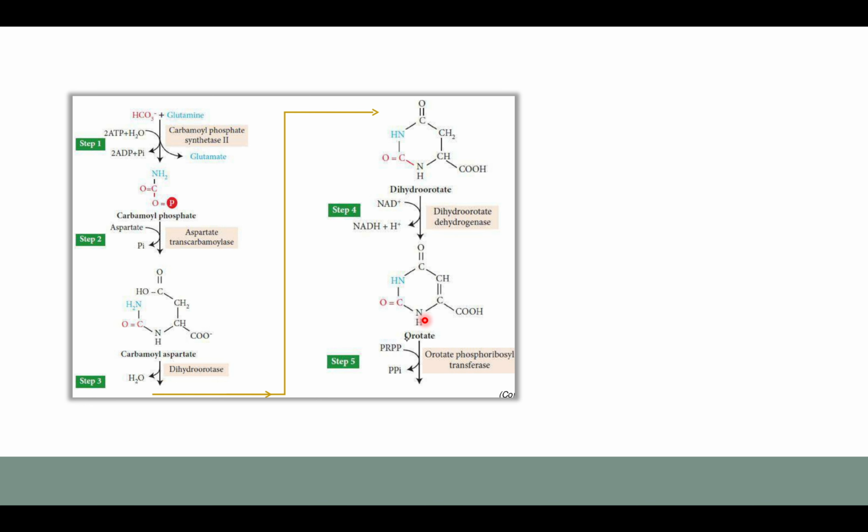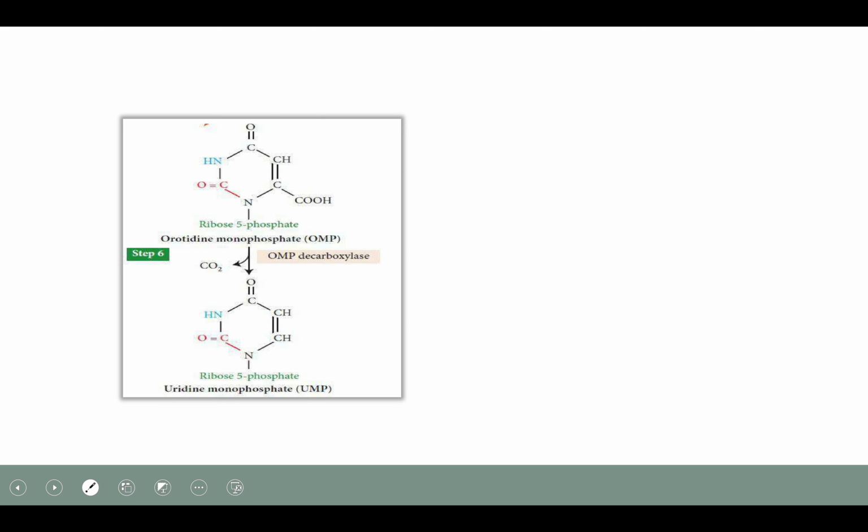Now in this orotate molecule there is addition of PRPP, that is phosphoribosyl pyrophosphate, leading to formation of orotidine monophosphate, and hence via enzyme OMP decarboxylase, releasing one molecule of carbon dioxide, leading to formation of uridine monophosphate.